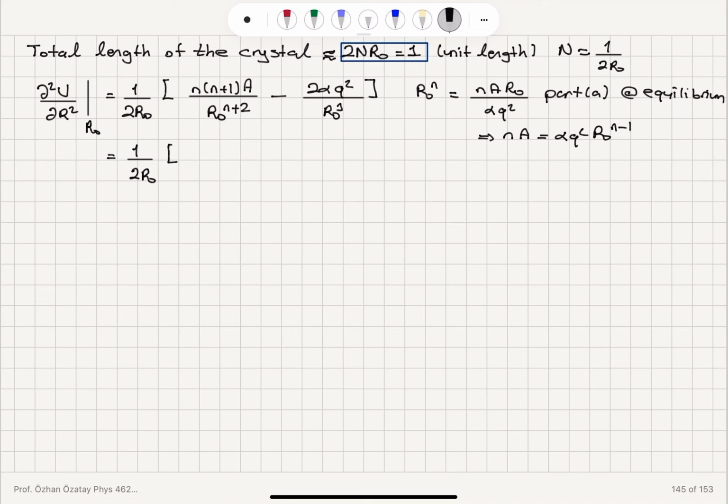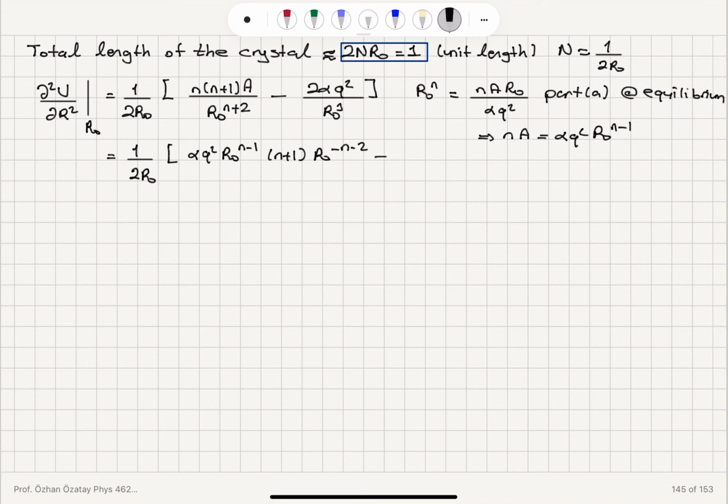For n times a, I substitute alpha q square r0 to the power n minus 1. Then I have n plus 1 and r0 to the power minus n minus 2.